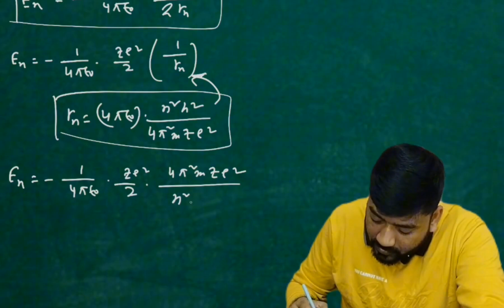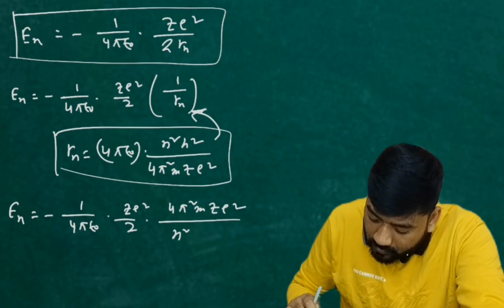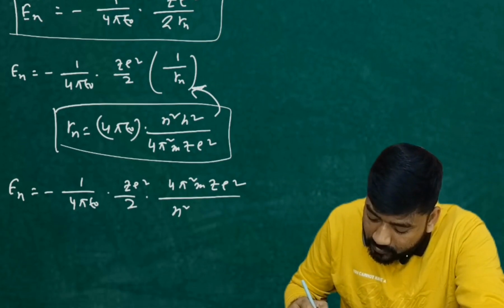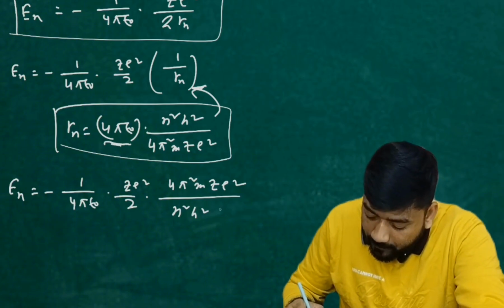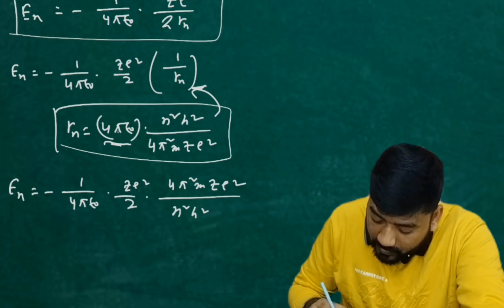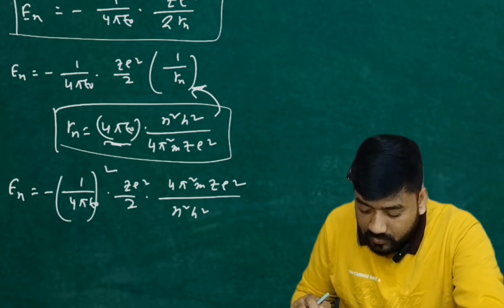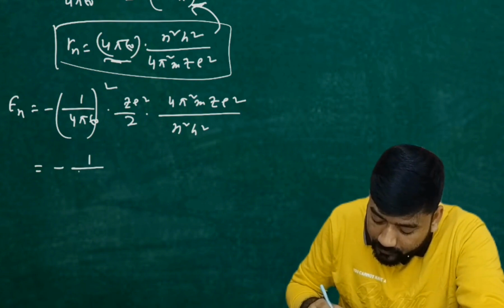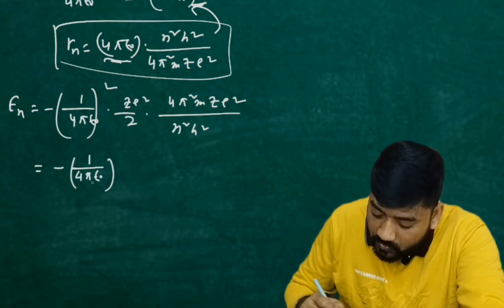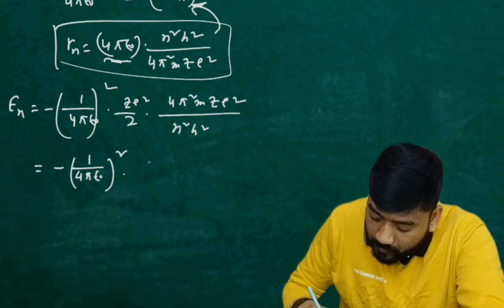I think something is a problem here. 4 pi epsilon naught, yes, okay, right, n square h square, and you can see here 4 pi epsilon naught will also be in the denominator, so we can write this 1 by 4 pi epsilon naught here, so it will be just the square of this. Okay, so this is the expression of En. Now if you slightly modify this, you will get 1 upon 4 pi epsilon naught whole square into, 2 से cancel कर देते हैं, so 2 pi square m Z square e to the power 4 upon n square h square.